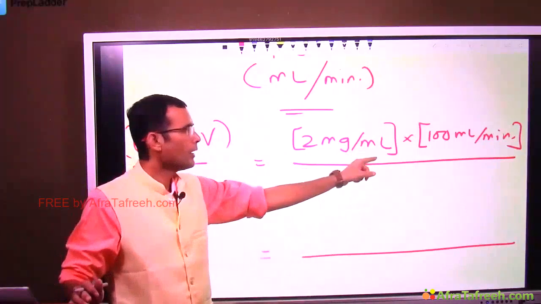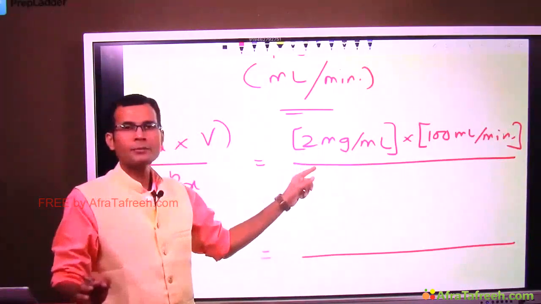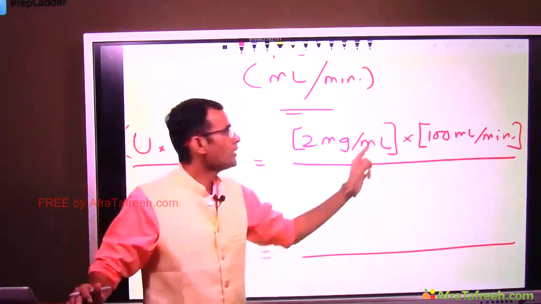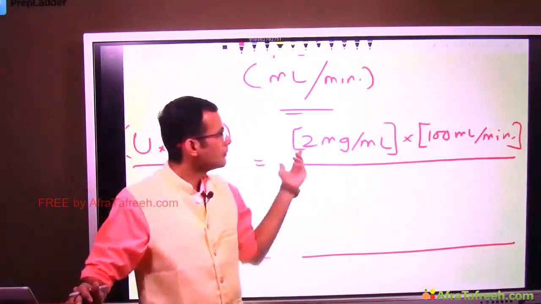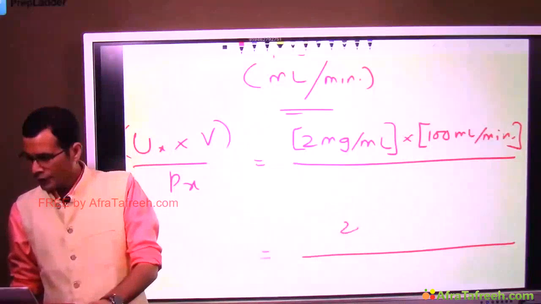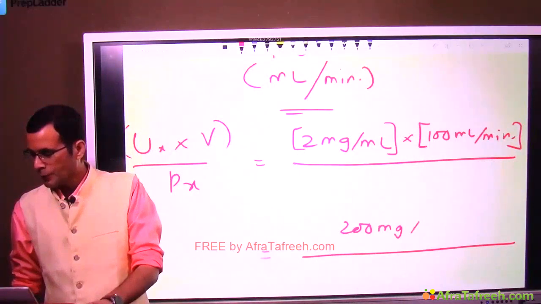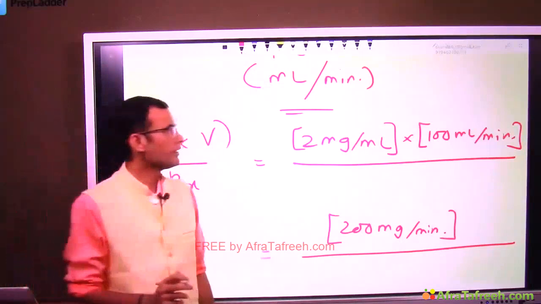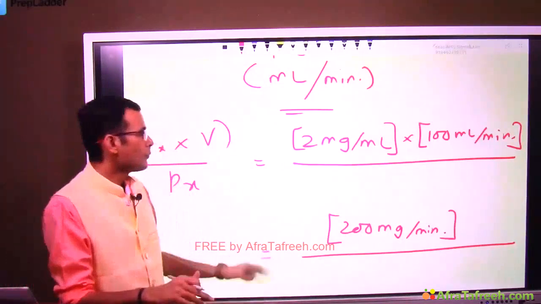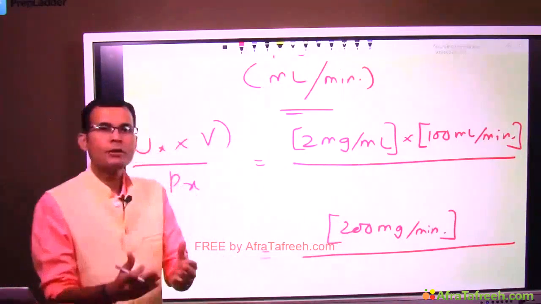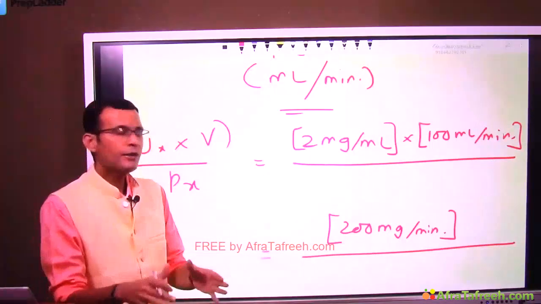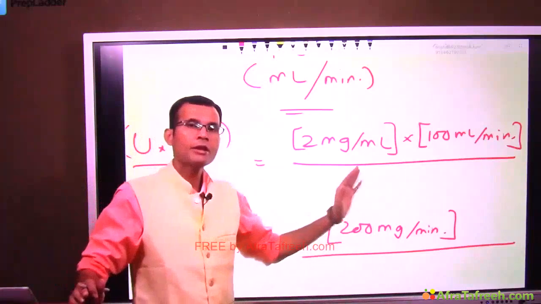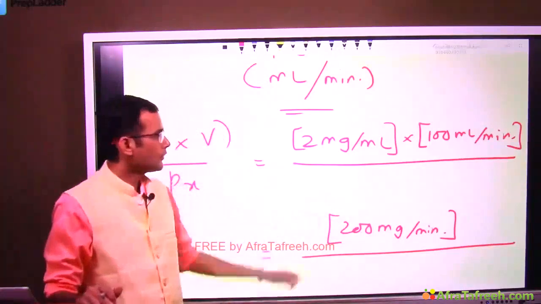In every 1 ml urine, 2 milligram of that particular substance, X, is being excreted. So in 100 ml urine, how much? 200 milligrams per minute. That would be the numerator, isn't it? That means the substance will be excreted at the rate of 200 milligrams every minute, right?